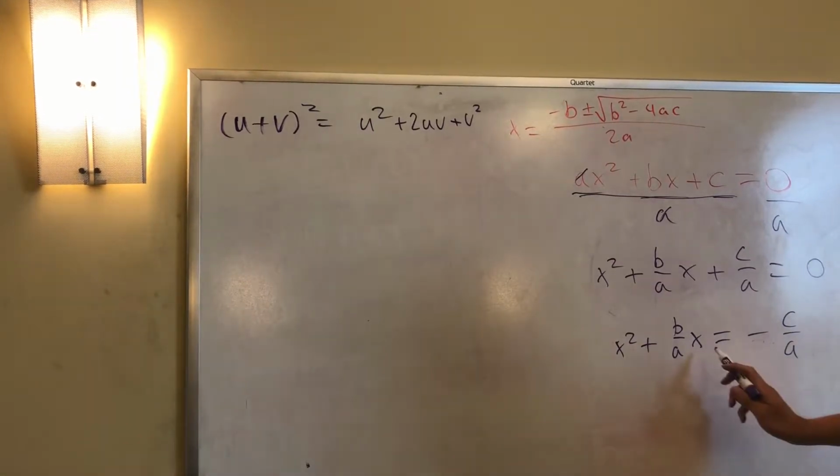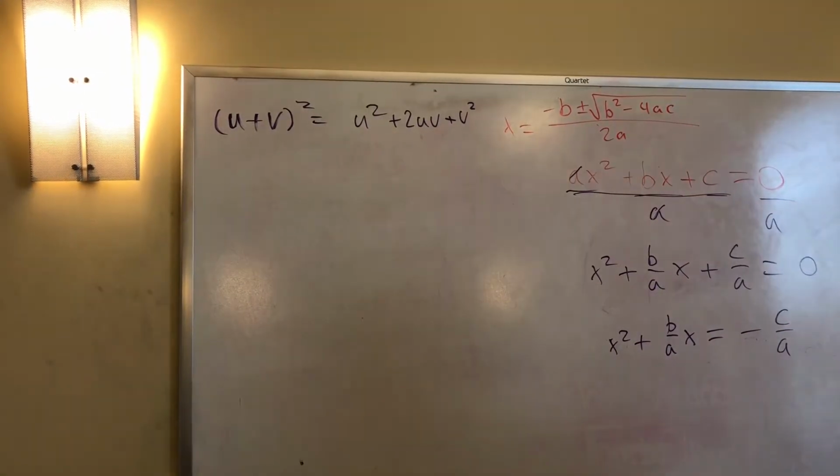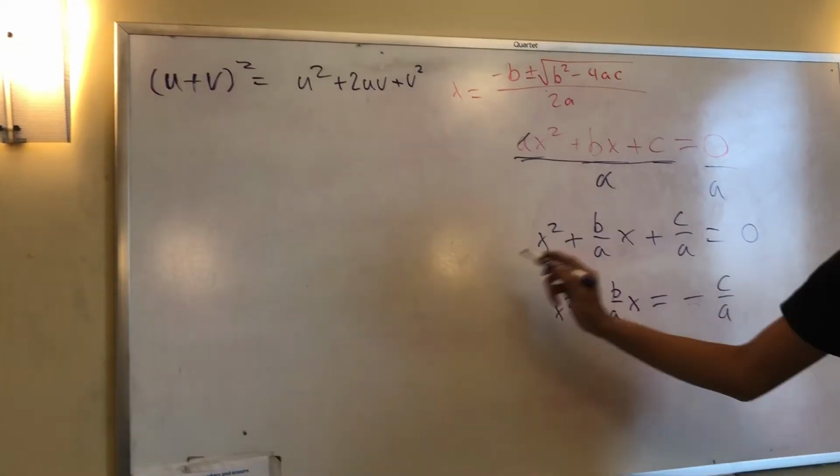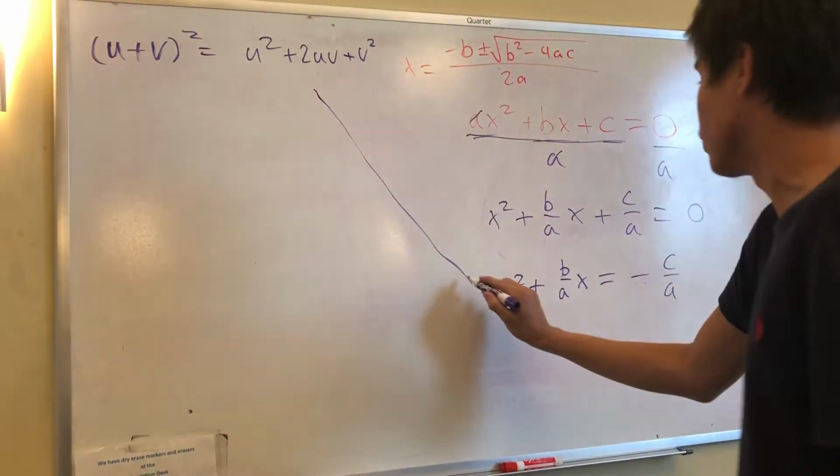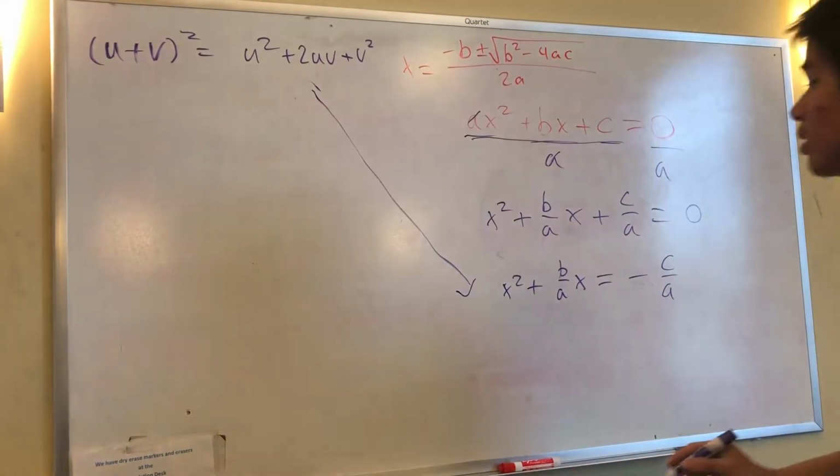Now let's format this in a way so we can have our 2 clearly written there. So let's make a connection between these two already.